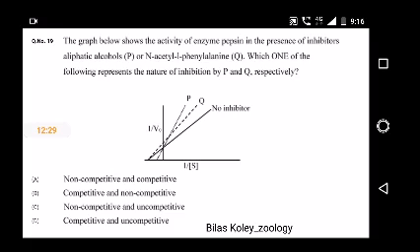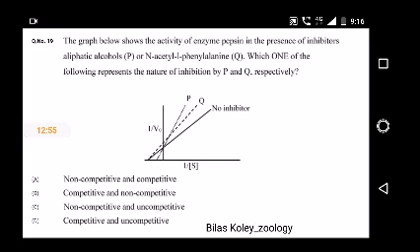Now we will discuss question number 19. The graph below shows the activity of enzyme pepsin in the presence of inhibitors aliphatic alcohols indicated by P or N-acetyl L-phenylalanine indicated by Q. Now the question is, which one of the following represents the nature of inhibition by P and Q respectively?